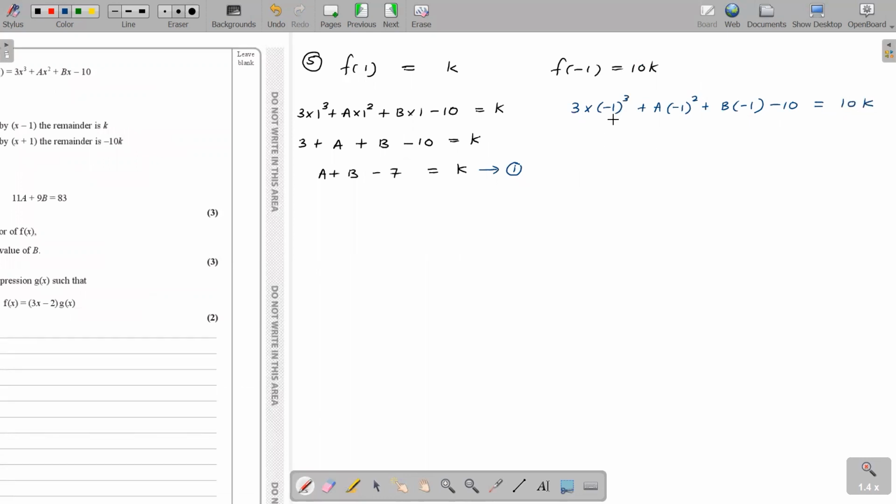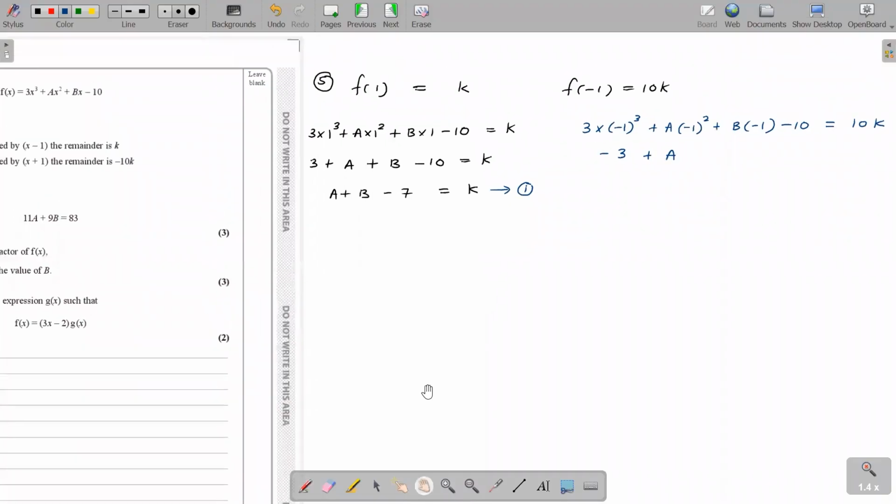Minus 1 cube is how much? 3 into minus 1 cube is minus 3. Are you with me? A into minus 1 square, minus 1 square is plus, so plus a. B into minus 1 is minus b, right? Yes, this is supposed to be minus 10k. The remainder is minus 10k.